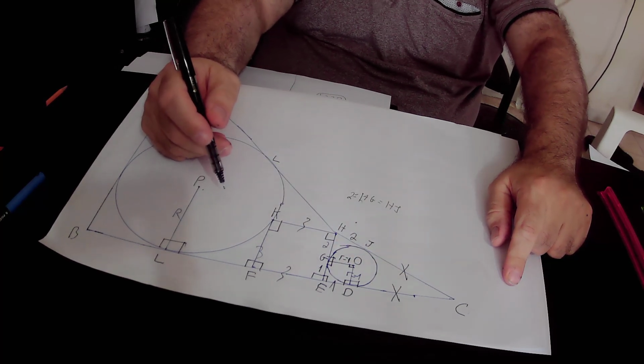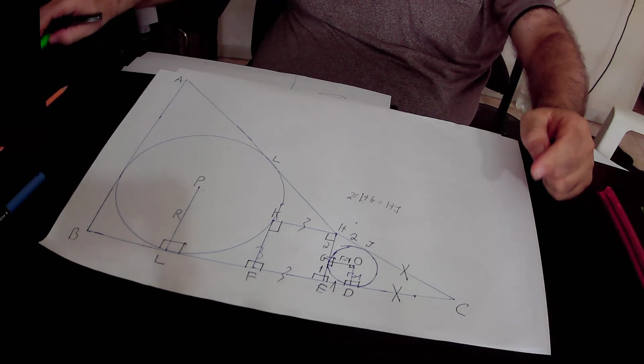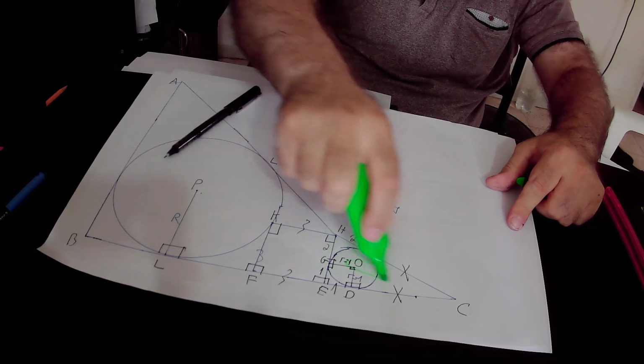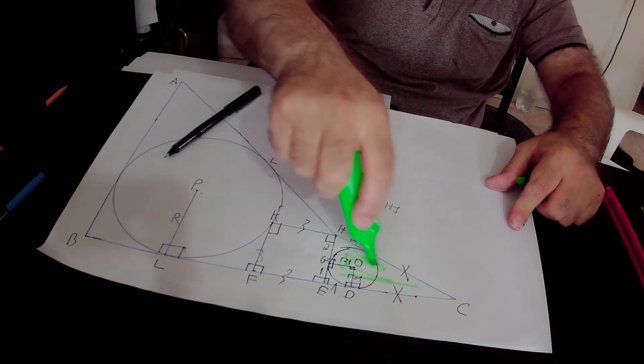Okay, so in the next step, we'll implement the Pythagoras theorem on the right green triangle HCE.